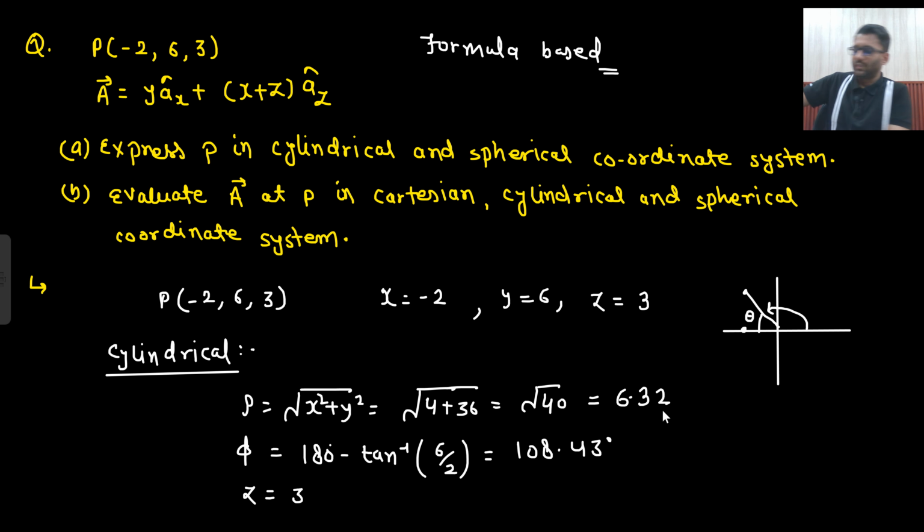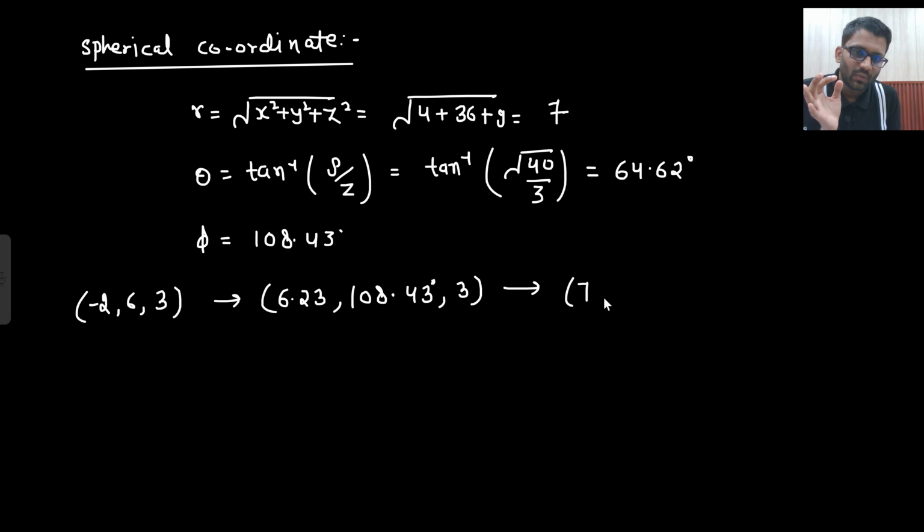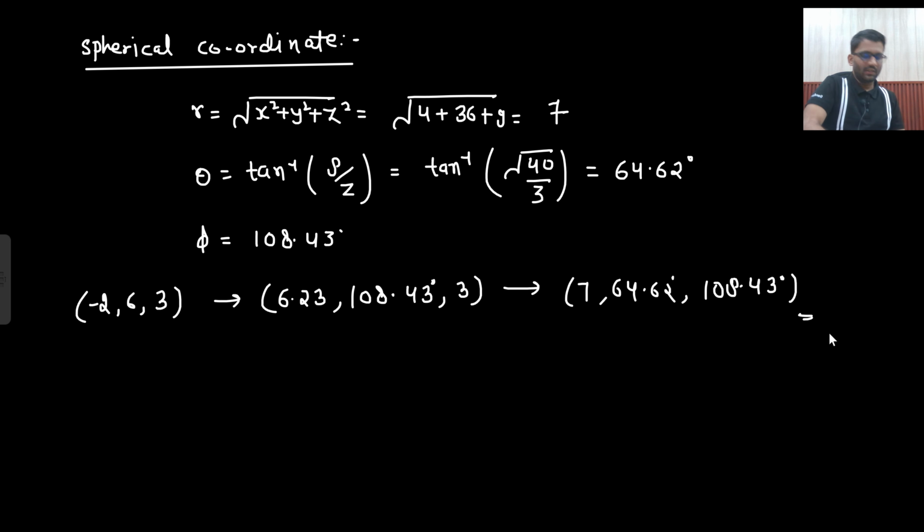Root 40 is 6.32. These are direct questions from Sadiku only. So just calculation based, I just wanted to show you the calculation, because you should not have a doubt that sir we have understood the formula, but how to apply it. So this is how you can apply it. Okay. So r comma theta comma phi. Well and good.